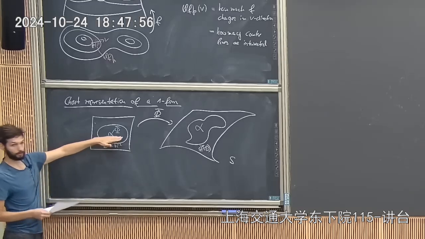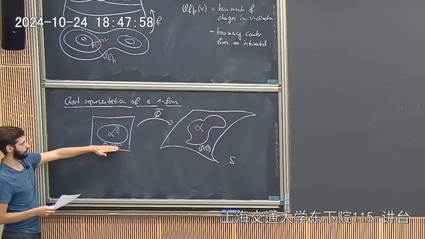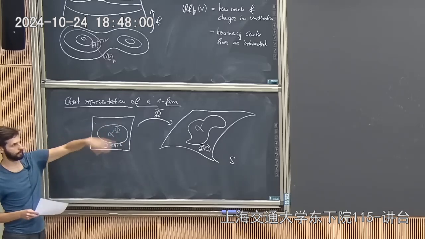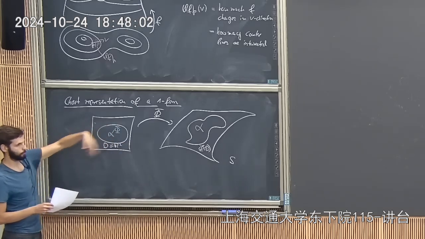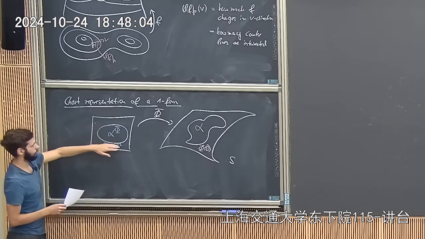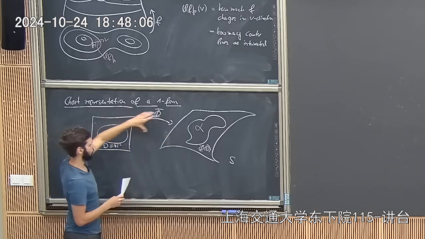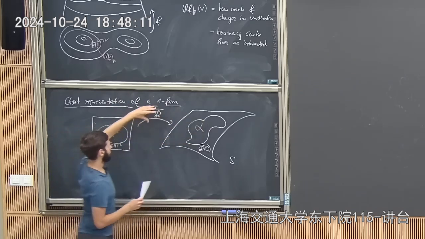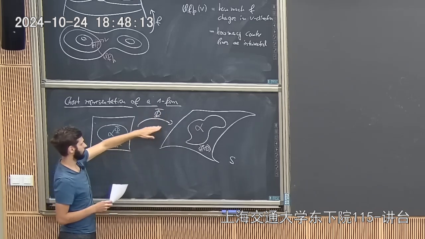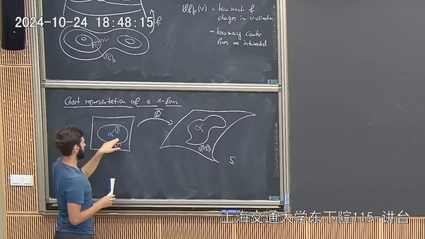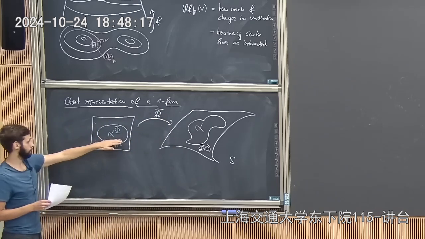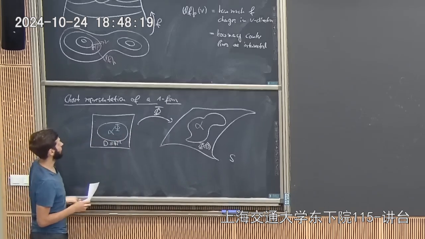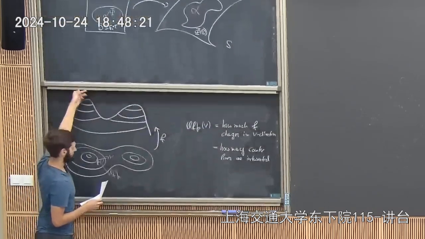And this one is then just a one form on the open subset, and that we can write in terms of the coefficients as what we discussed right now. So the only question that we have to discuss now is how do we get from this one form alpha and this map that connects these two, how do we get this one form over here? That's the question for now.